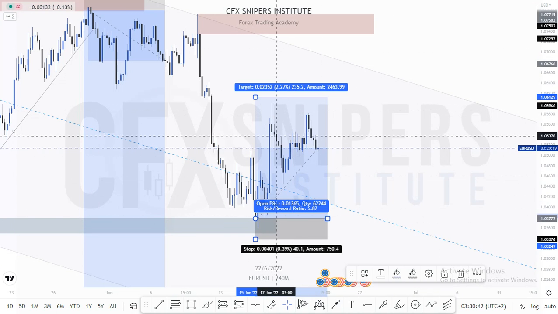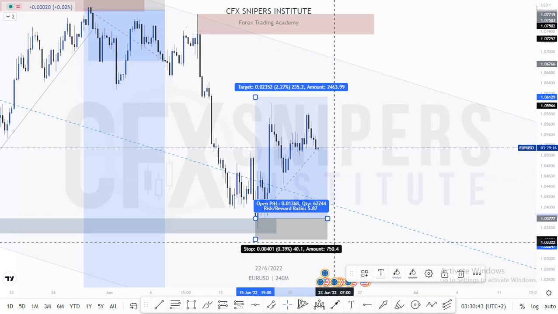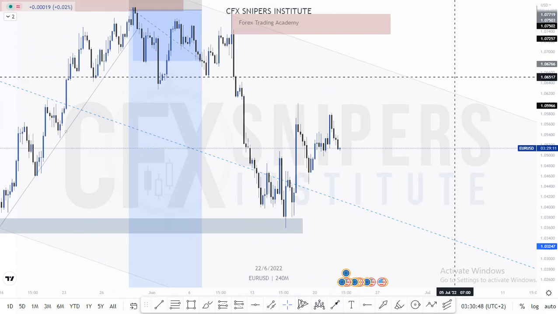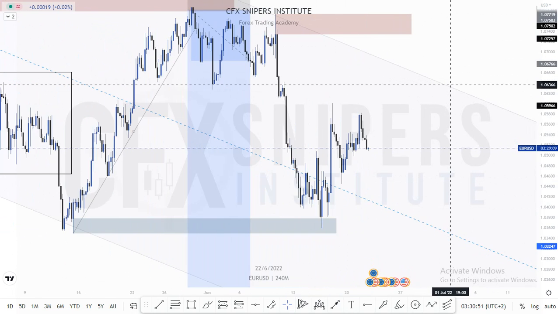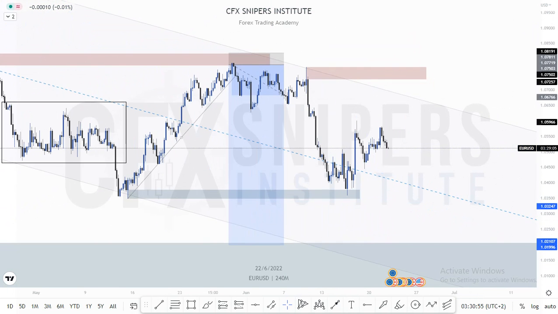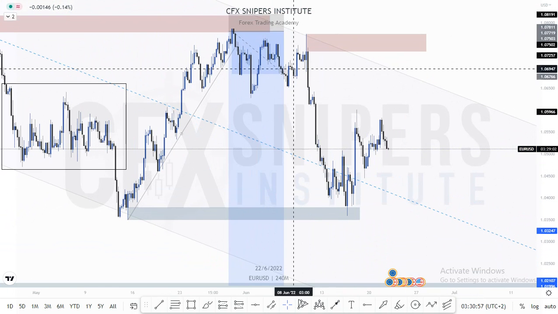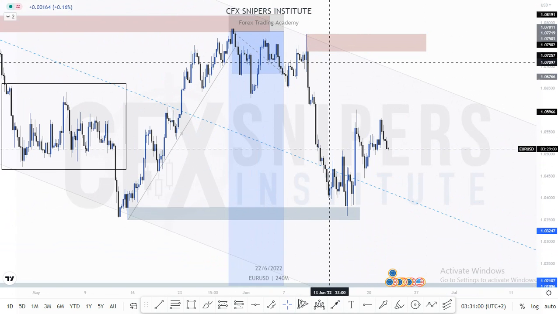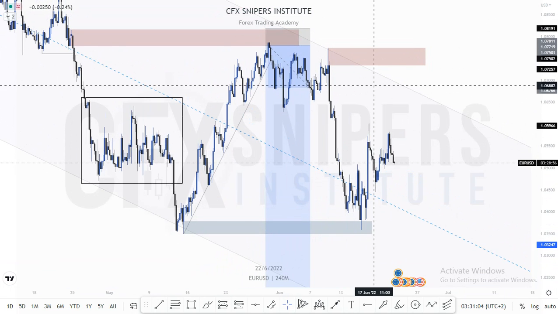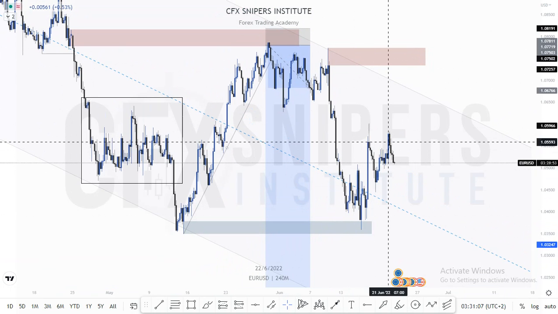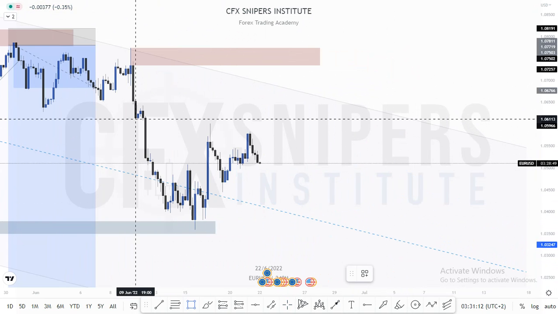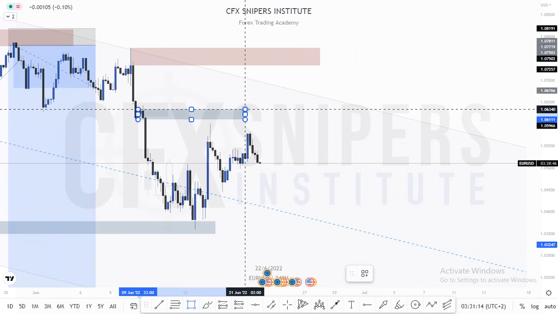So that is where we currently are with Euro USD. I actually remember taking a trade here on a lower time frame, but for now we had an impulse and we are having a correction. Probably we will get a sell here, because this is rally, base, rally, meaning we left the supply zone here.